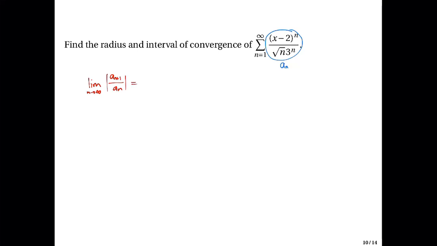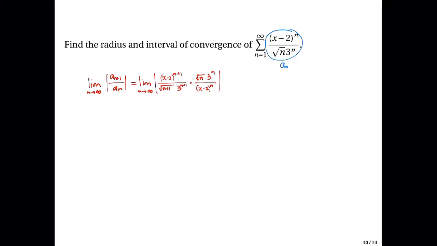In here, this is just the limit of x minus 2 to the n plus 1 over square root of n plus 1, then 3 to the n plus 1, multiplied by the reciprocal of a sub n. The reciprocal is square root of n, 3 to the n, over x minus 2 raised to n. Then we close this absolute value.